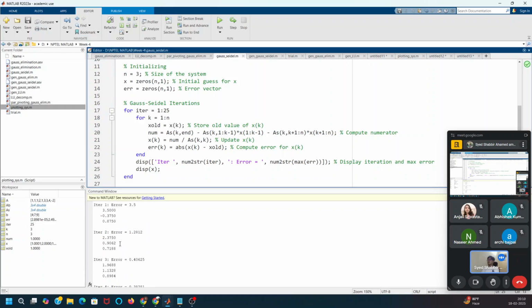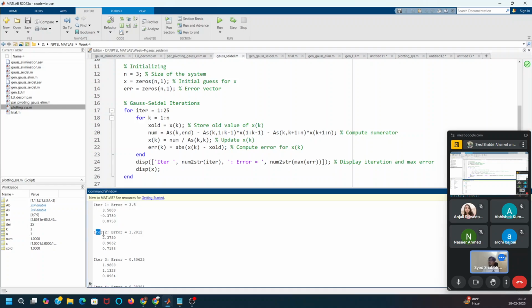You can see after every iteration, you are basically getting also the solution vector. This is the first iteration, and this is the error and this is the solution. And this is the second iteration. This is the error and this is the solution. Initially we have assumed it to be zero, and then after the first iteration you will get this solution.